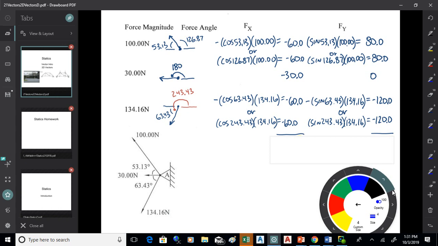So work that down to negative 60 and negative 120. Does that sound about right? All right with that?